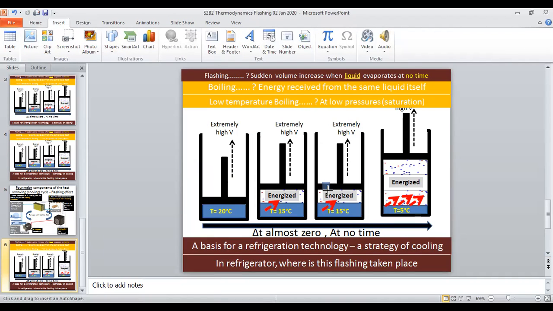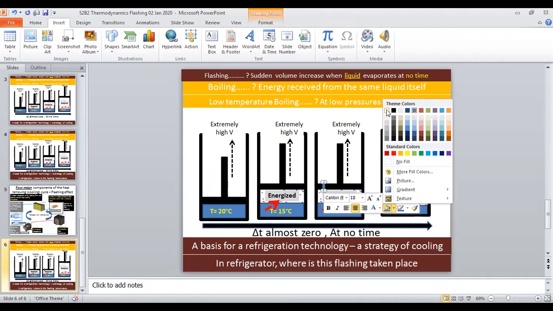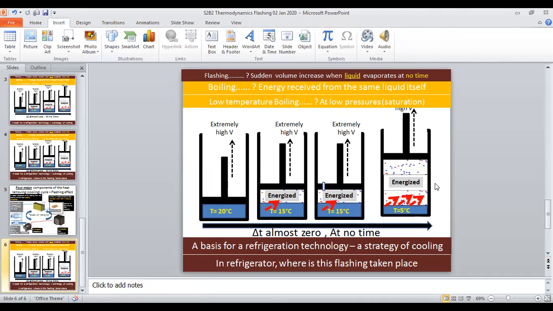Imagine there is a little sizable bleeding hole.